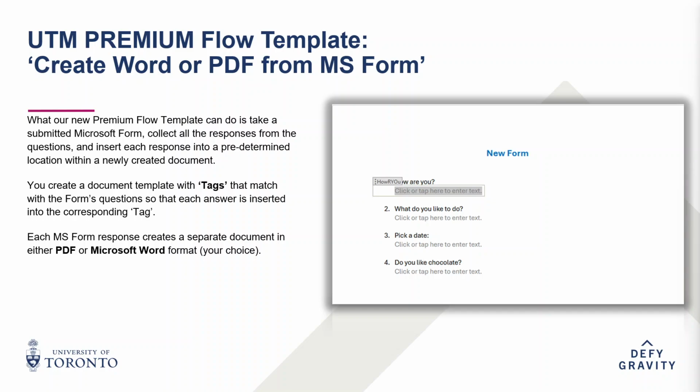So you create a document template with tags within the document, and the tags match with the form's questions so that each answer is inserted into the corresponding tag. So each Microsoft form response creates a separate document in either PDF or Word format.